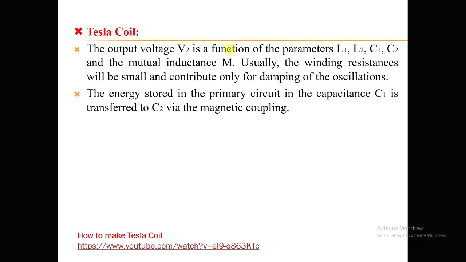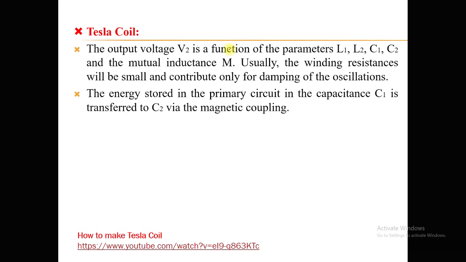The energy stored in the primary circuit in capacitance C1 is transferred to C2 via magnetic coupling. So whatever energy has been stored in the primary circuit is transferred to the secondary circuit by means of the magnetic coupling between the primary winding and the secondary winding.